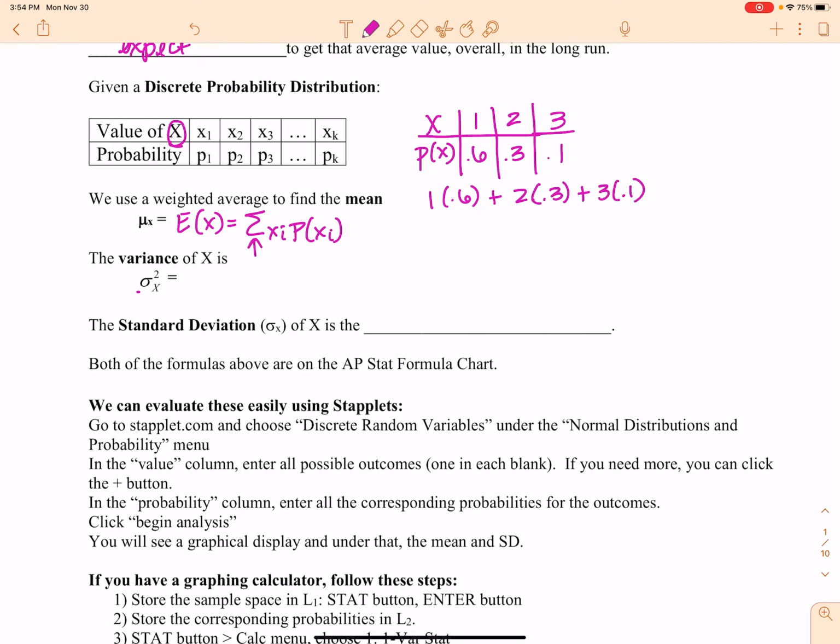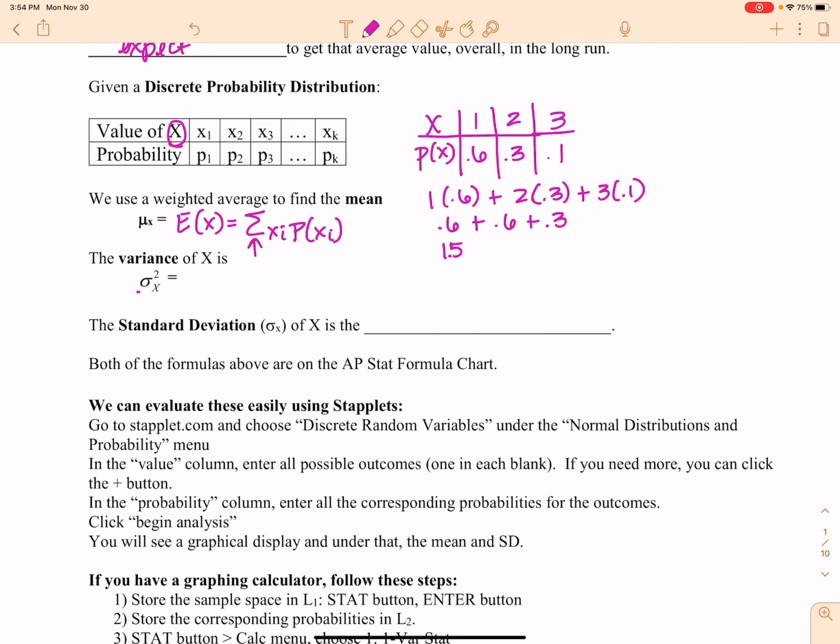And then, of course, I would multiply and then add, and then that would give me, oops, if I can add, 1.5. So when I add that together, okay, that is going to give me my expected average.